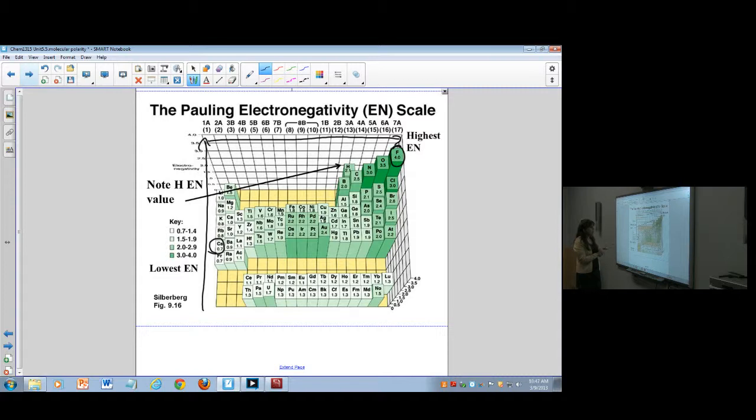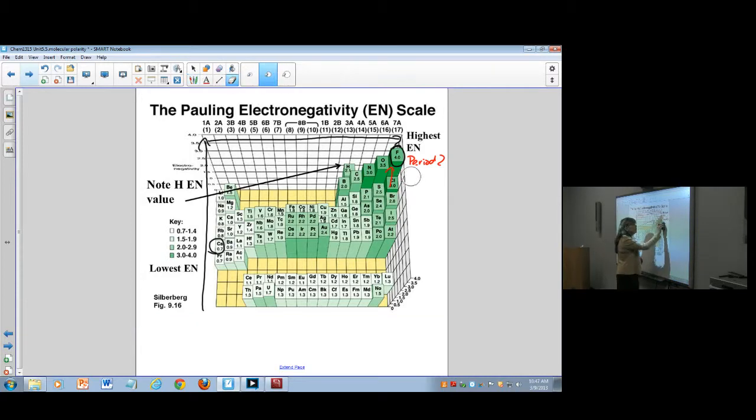So let's once again remember that the big jump, the big difference between period 2 and 3 is relatively significant. There's a big electronegativity increase between period 2 and period 3.